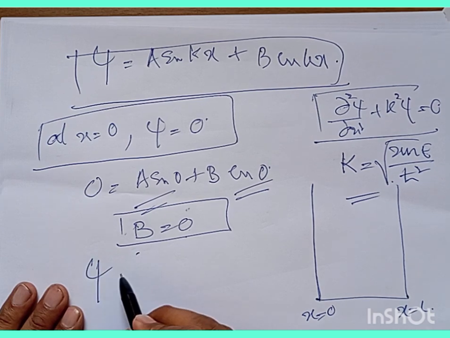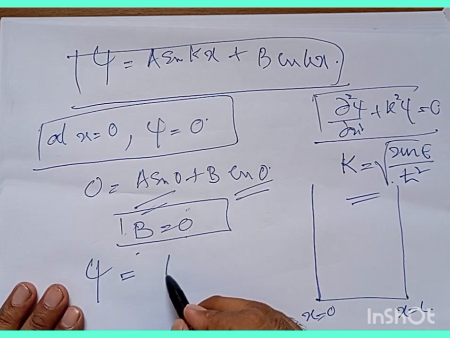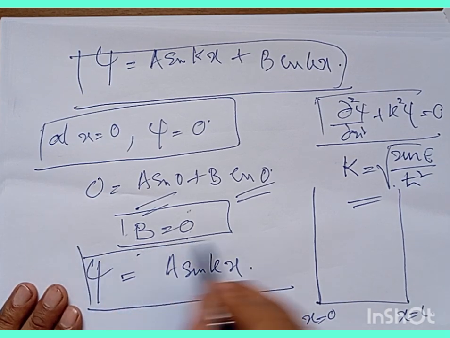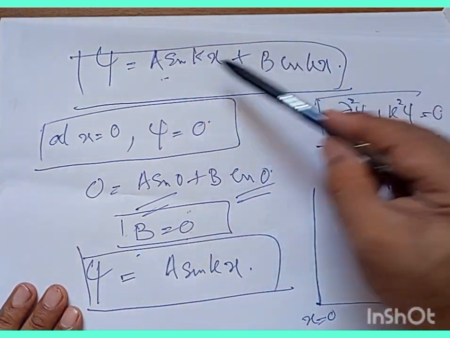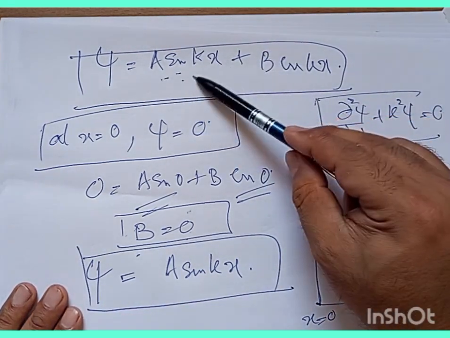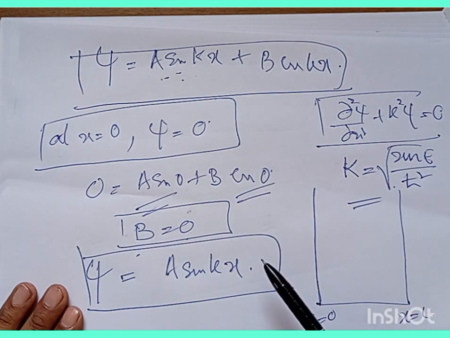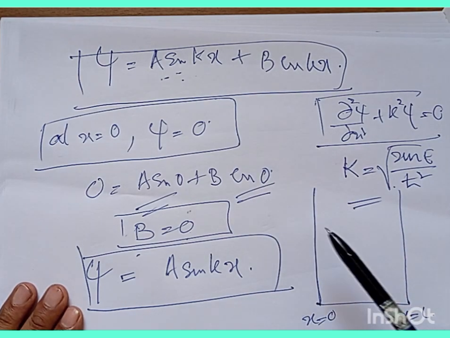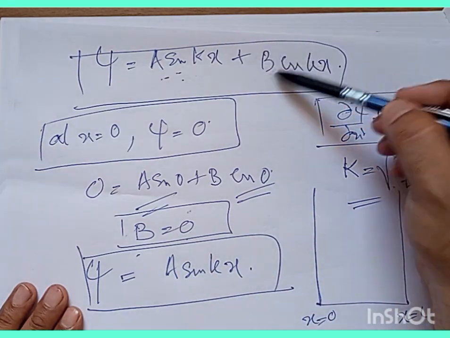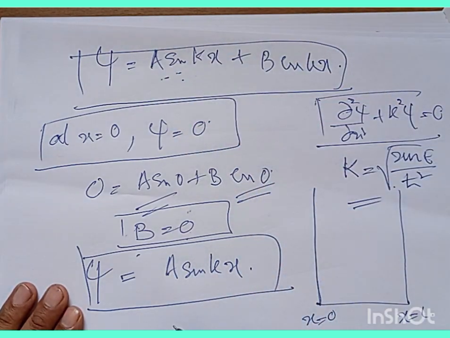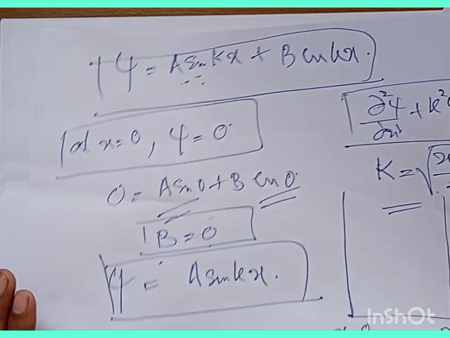So the wave function boils down to a sin kx. Now, a and b are constants, and utilizing this boundary condition, the value of constant b is 0, and the value of constant a can be calculated using the normalization condition.